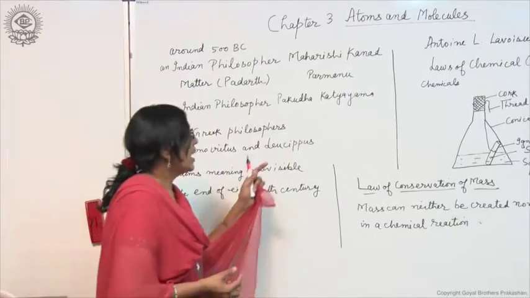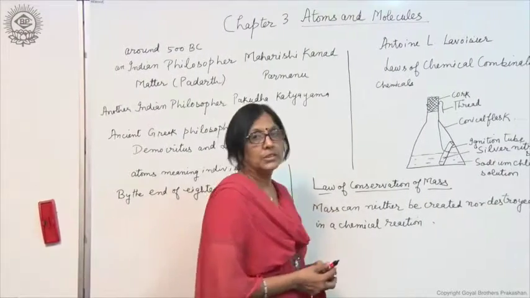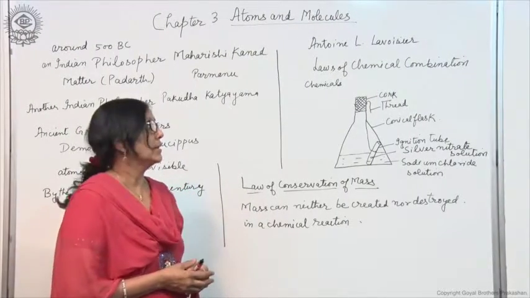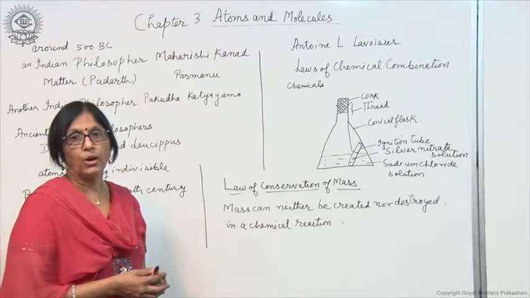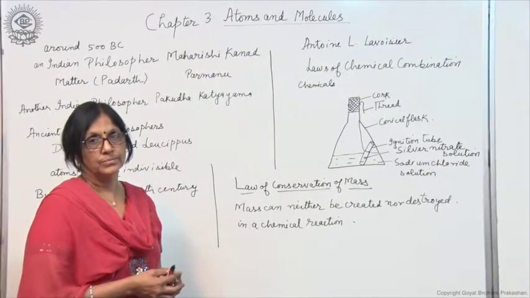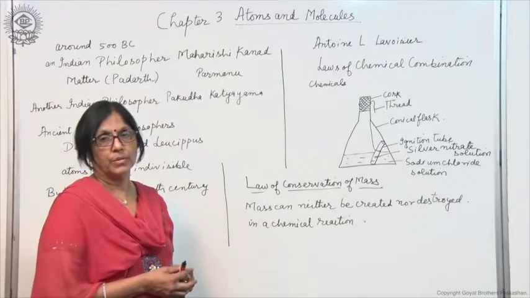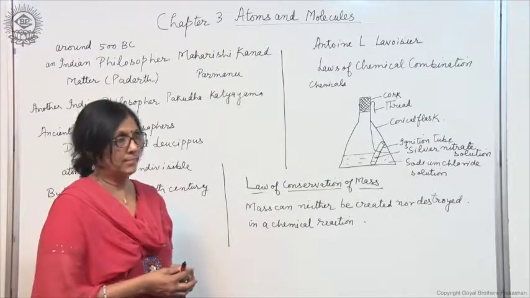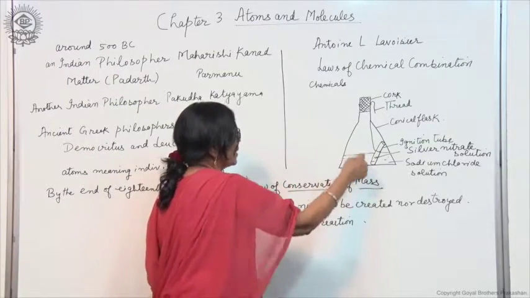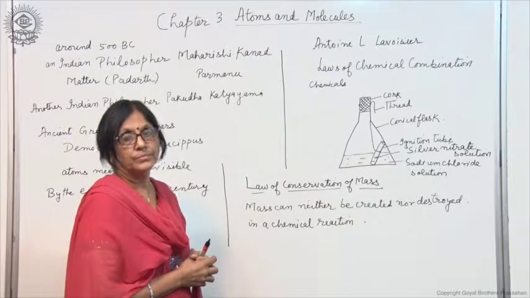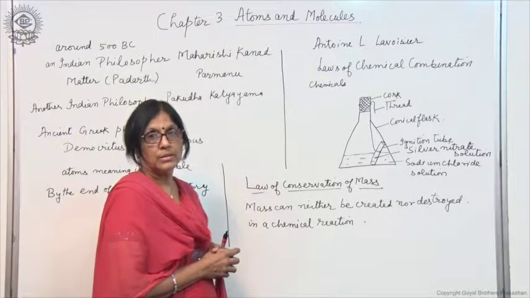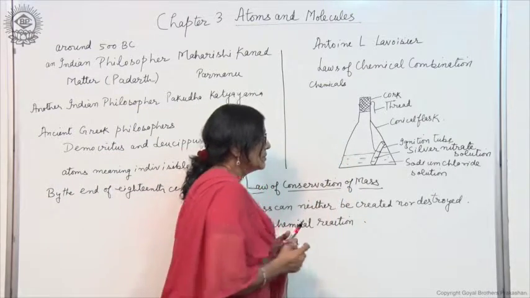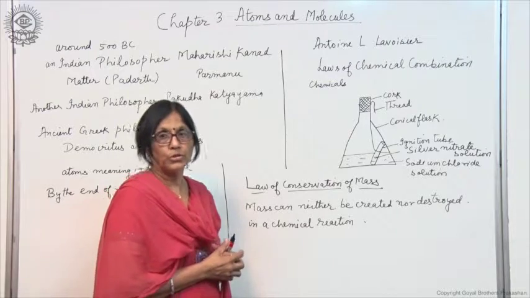Another scientist, Antoine L. Lavoisier, performed a large number of activities and experiments, and then put forward 2 laws of chemical combination. Now, to study the laws of chemical combination, let us first of all perform a very simple activity in the lab. By taking a conical flask fitted with a rubber cork. Now, in this flask is taken a salt solution.